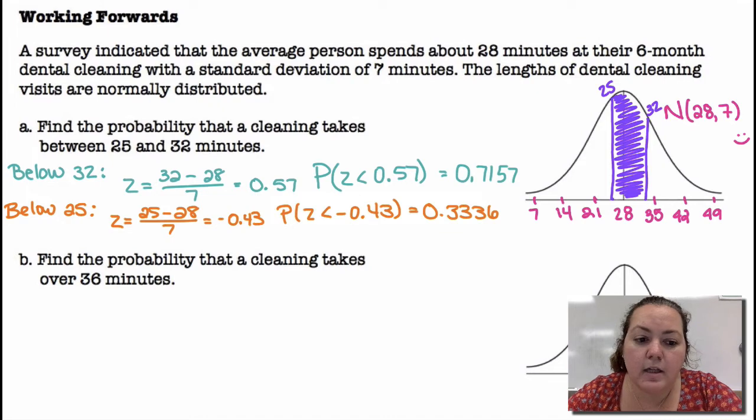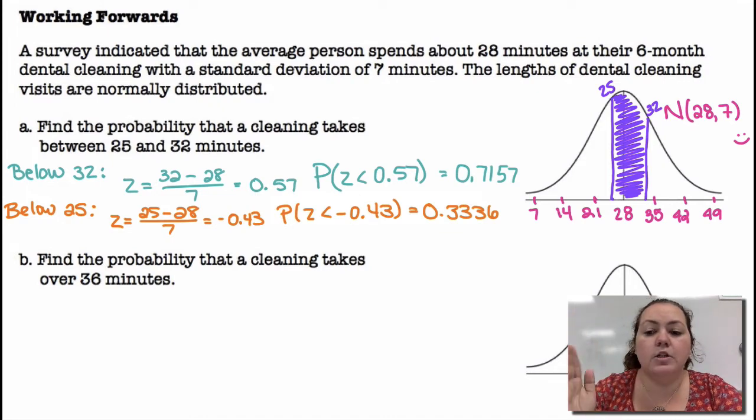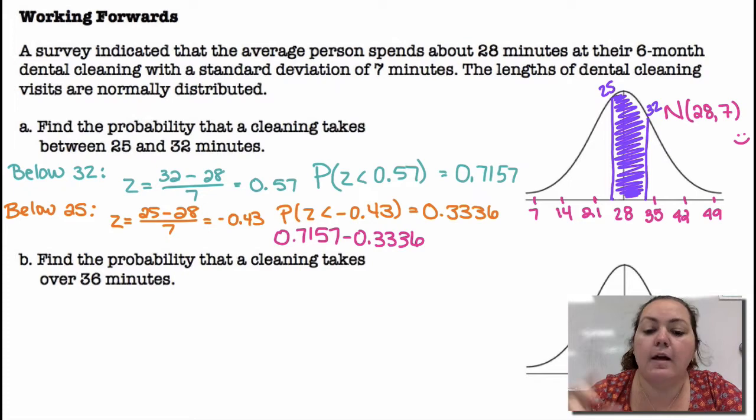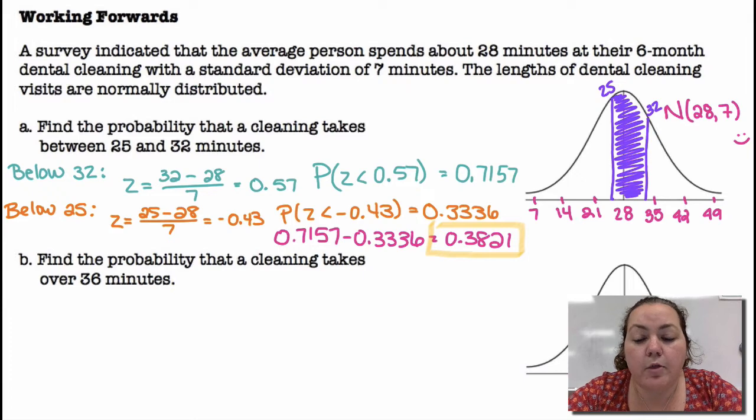Well, I wanted the probability in between those. So I have the probability of everything below 32 and everything below 25. If I subtract the probability for 25 from the one for 32, I'll get the probability that's in between. So when I subtract, I get 0.3821, or 38.21%.